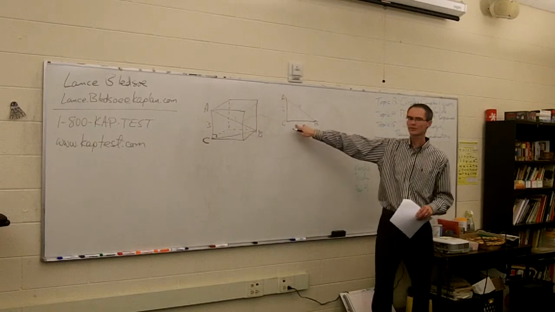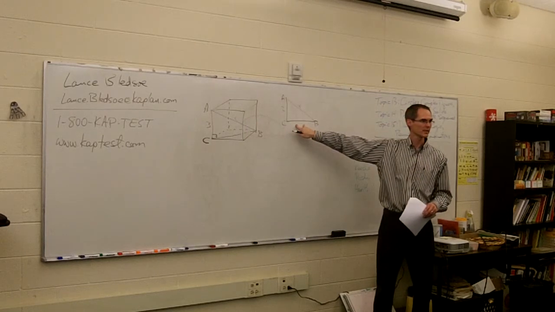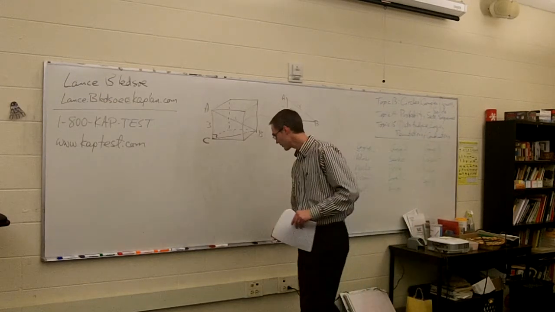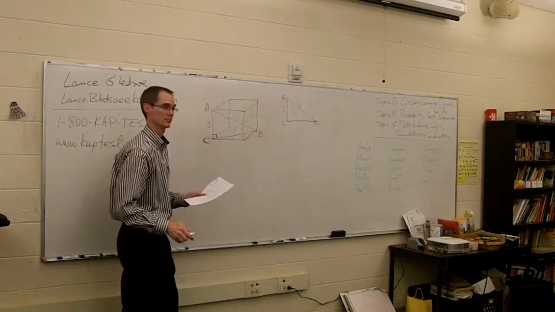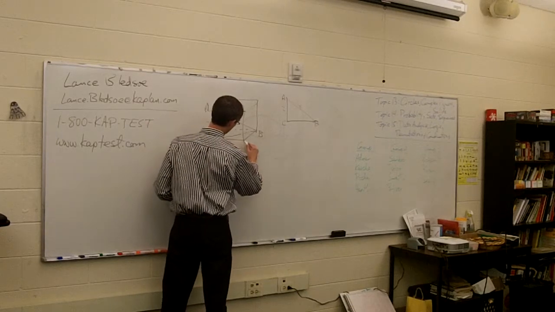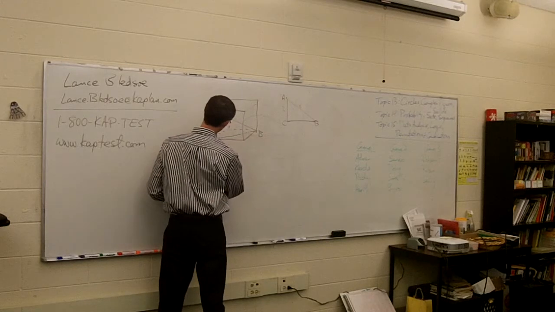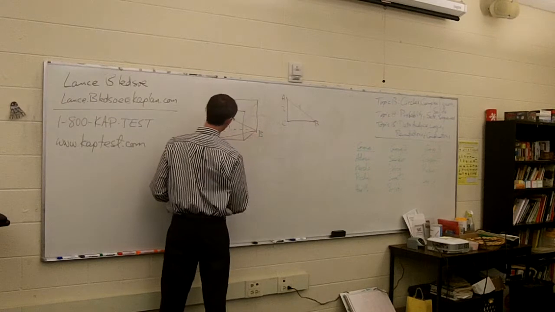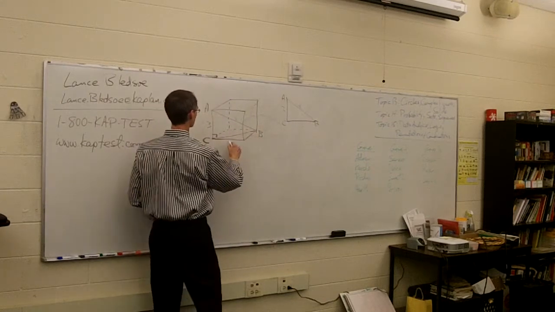And if I could figure out what this length was, then I could solve that for X. So is there some way that I could figure out what that length is? Anybody see another triangle here that might help us out?